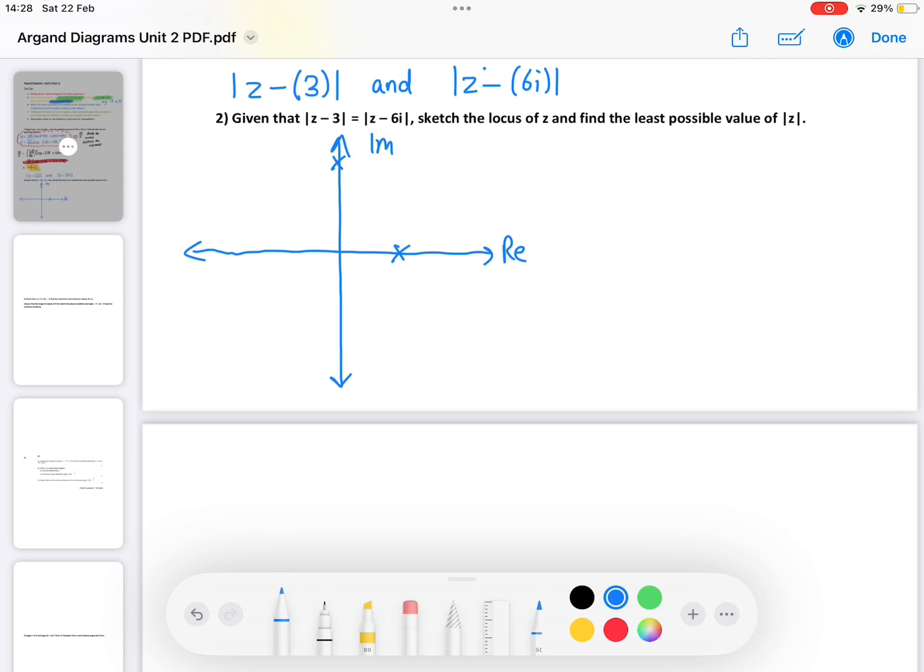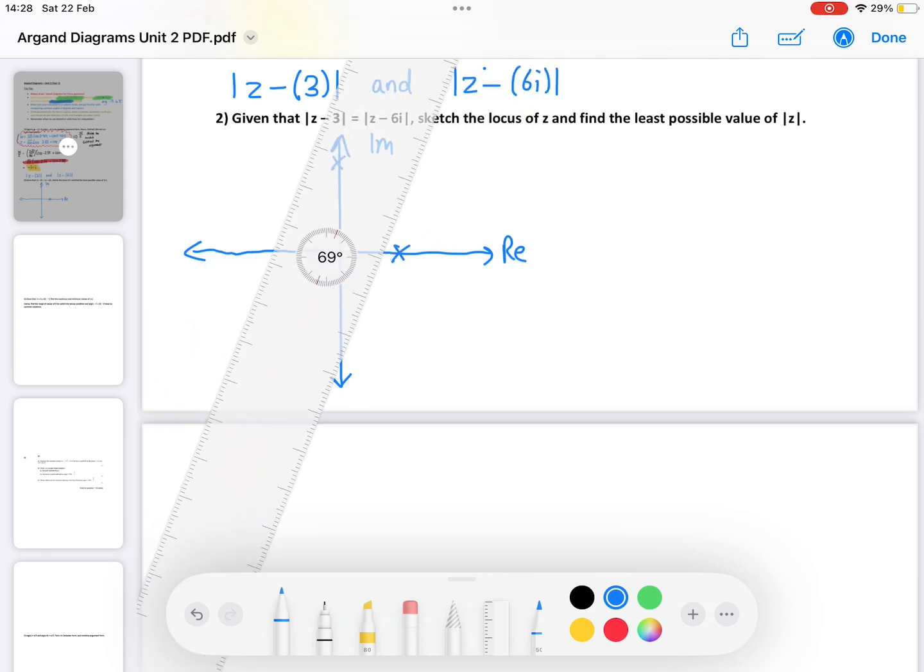We've been told that the modulus of each of these is the same, and therefore the geometry we'll be using is finding the perpendicular bisector of these 2 points.